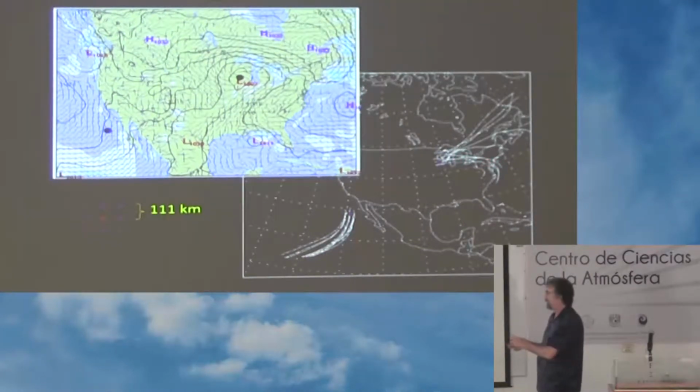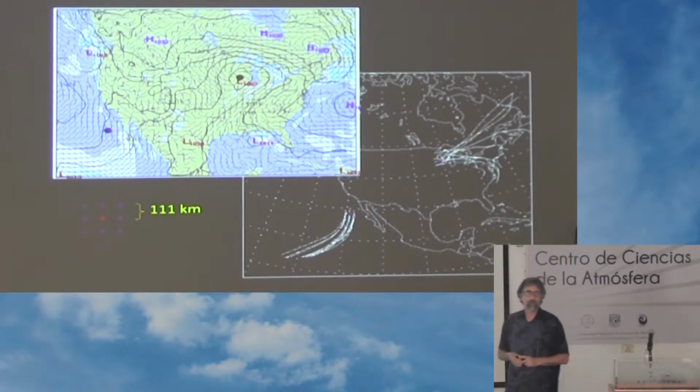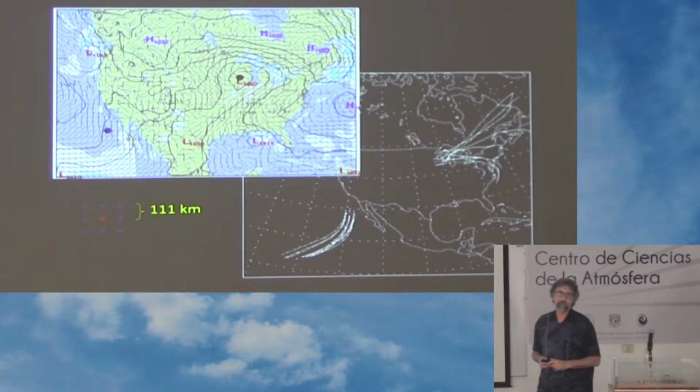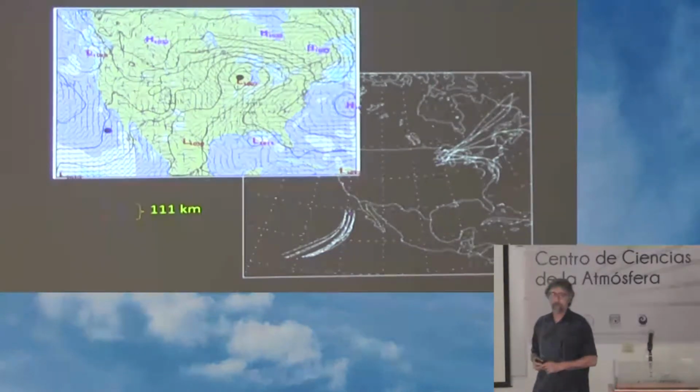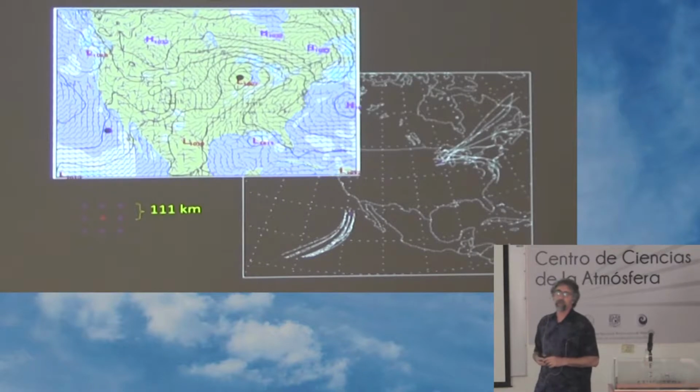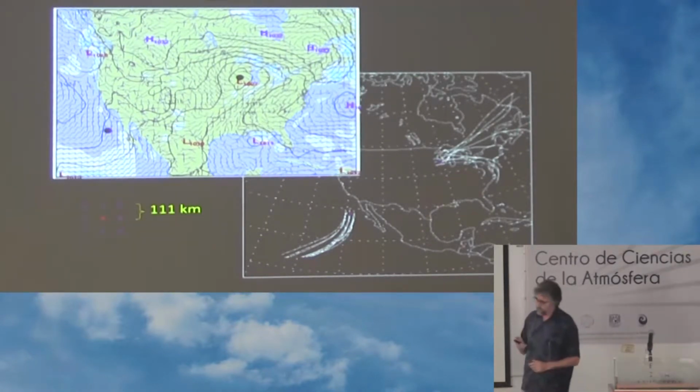But if you begin the calculation only a little bit farther to the north, the air takes a very different path. So in this case, you can conclude that you cannot have confidence in the trajectory estimate. So that's the way to remove the danger of trajectory models.